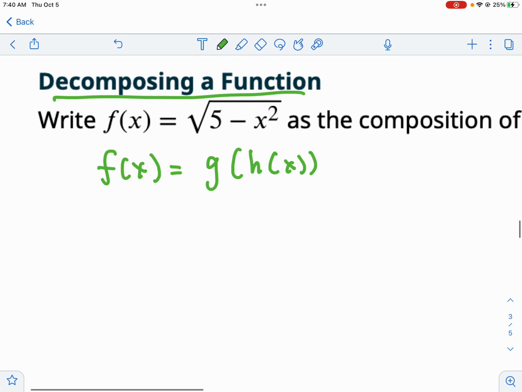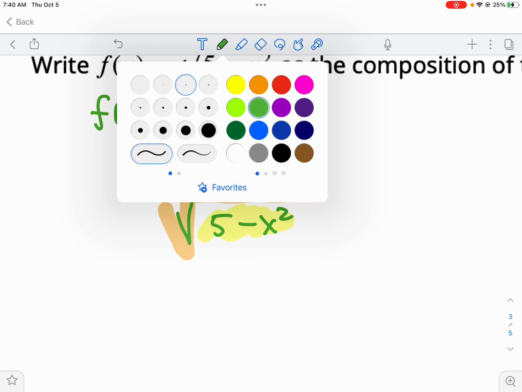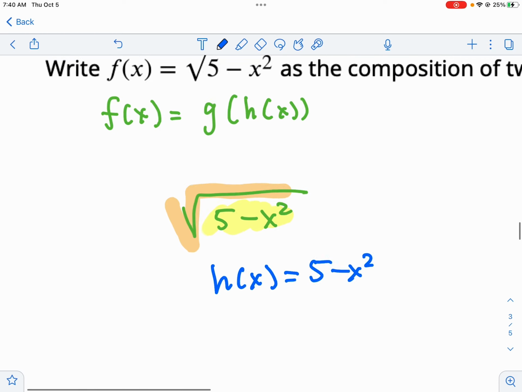So if you look at this function right here, you see that something is inside of something. This is inside of this. So that means h of x is equal to 5 minus x squared, because that's what's on the inside.